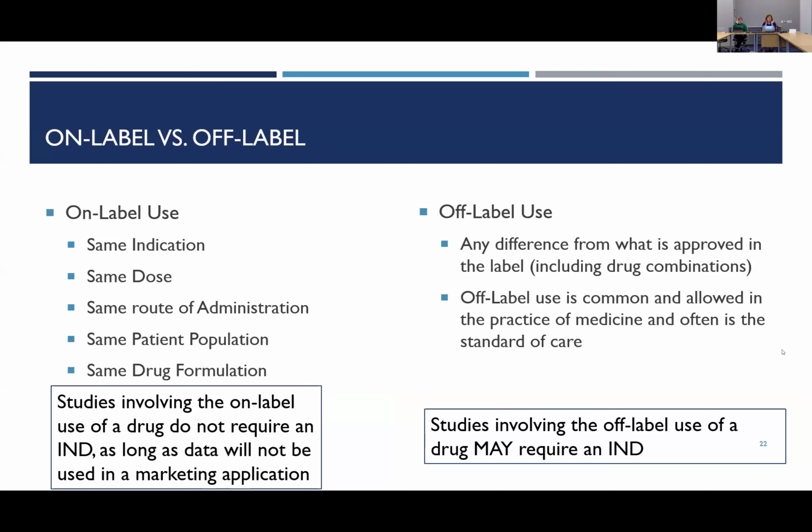You're using it according to the way the FDA wanted people to use it. And so as long as that data isn't going to be used by the sponsor of that drug, anyway, updating the label or changing the advertising or anything like that, you don't need an IND. And usually in academia, that's not the case.